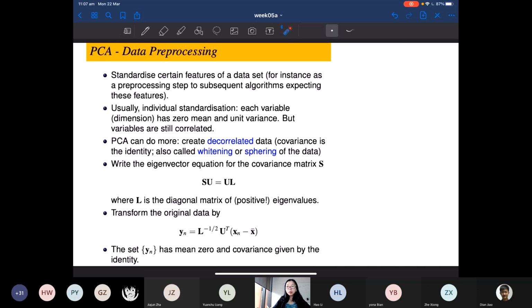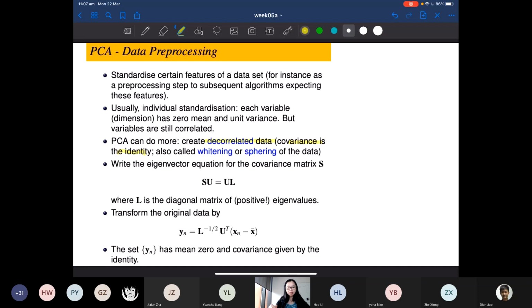So what PCA can do, an important thing, is to decorrelate the data, where the covariance of the resulting data is identity. We will talk about this in the next 2 slides from now. It's also called whitening.